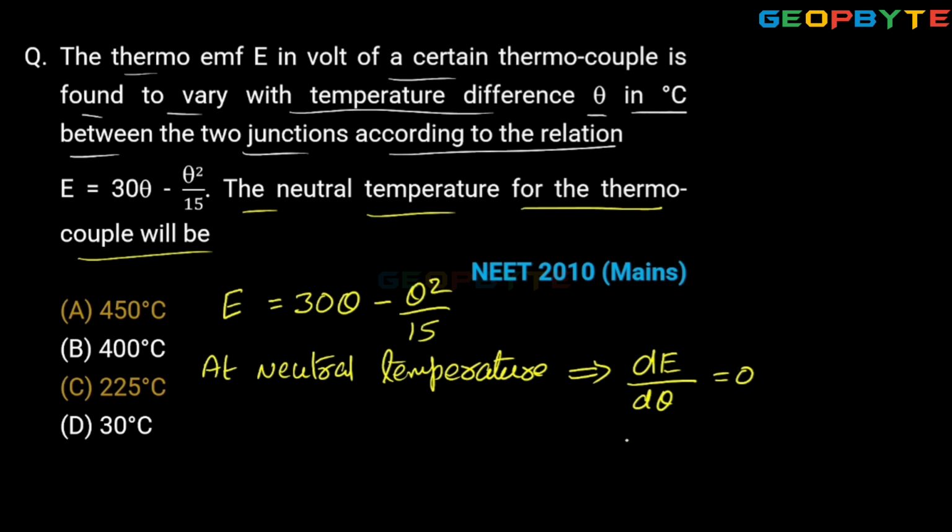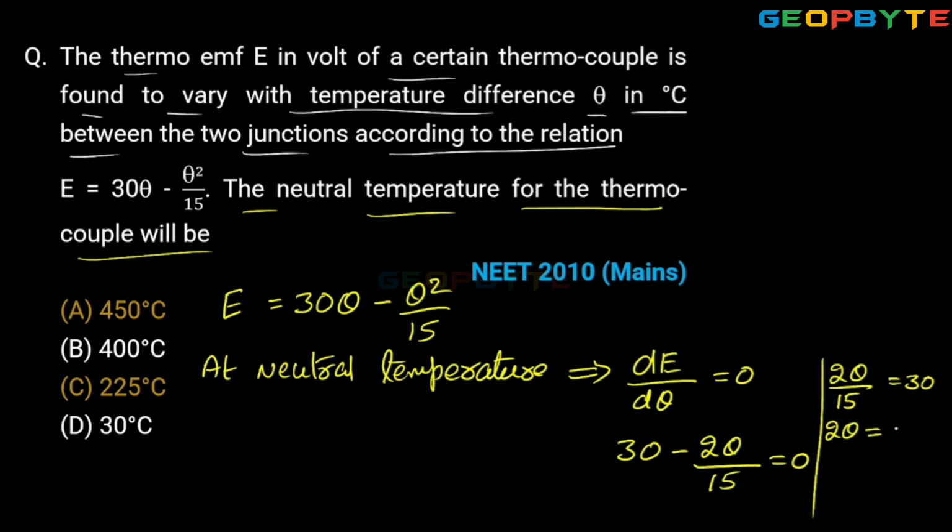Let us simplify it. Simple mathematics. It is 30 minus 2 theta by 15 equals 0. From this, 2 theta by 15 is equal to 30, or 2 theta equals 15 into 30, which is 450.